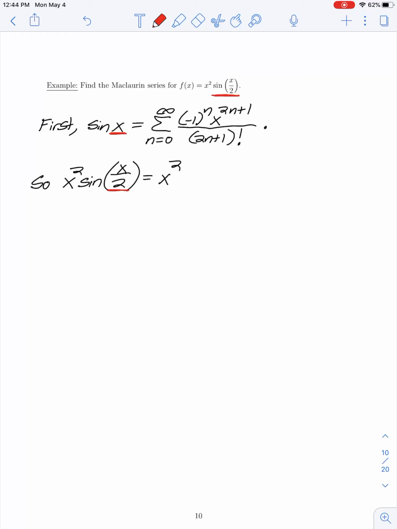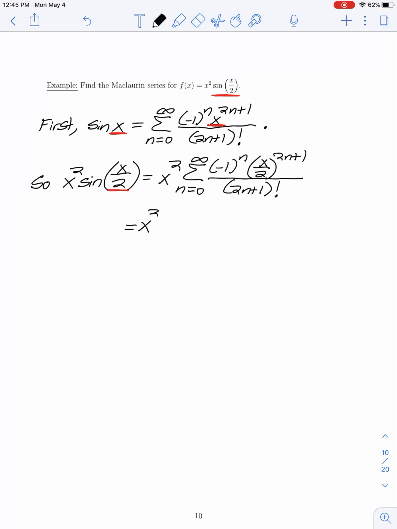So in our Maclaurin series for sine x, let's replace that x with x over 2 and see what we have. So we end up with the sum from 0 to infinity of negative 1 to the nth times x over 2 to the 2n plus 1 power all over 2n plus 1 factorial.